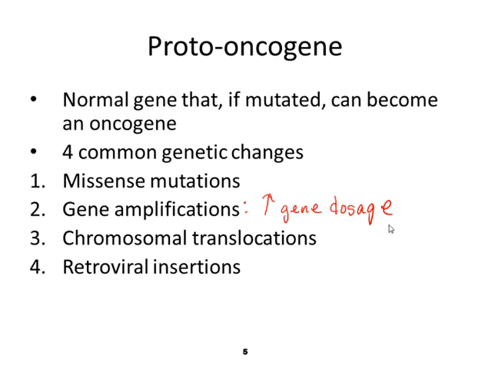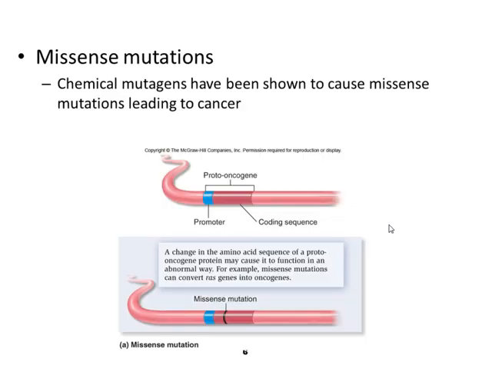And then we also know that viruses can integrate themselves. We know that certain viruses can take their RNA, transcribe it back to DNA, and that DNA actually integrates into a host cell chromosome. Well, we'll show you an example of how that can lead to an oncogene.